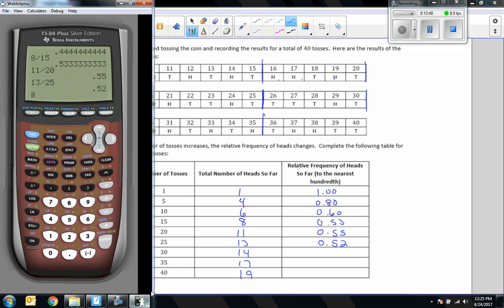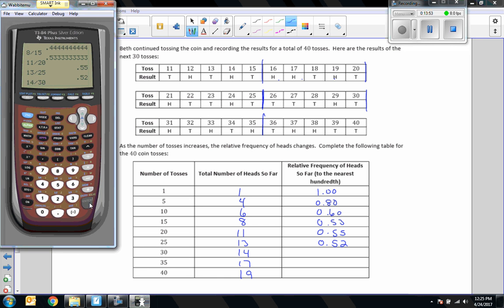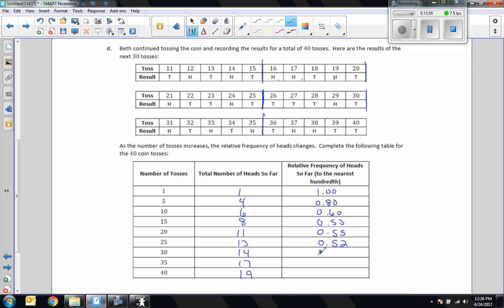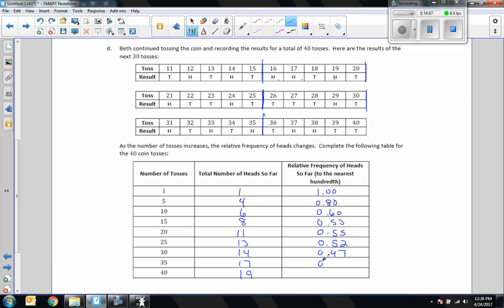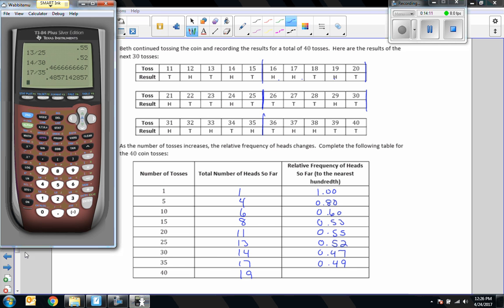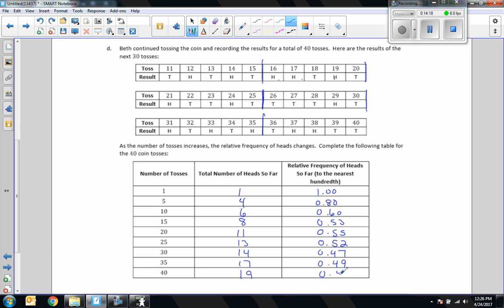And then 14 out of 30 is 0.46, 0.47. And then 17 divided by 35 is just less than 50%. And it's 0.4857, 0.49 rounded. And then 19 out of 40 is 0.475. I'm going to round to the 100th, like I said, 0.48.